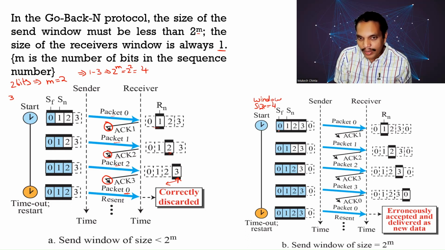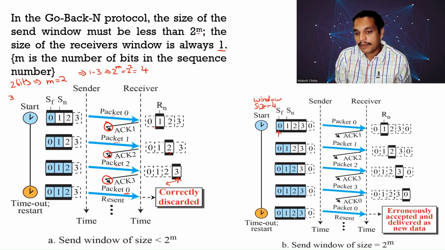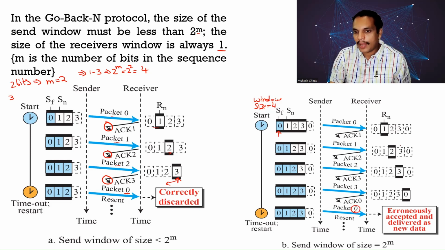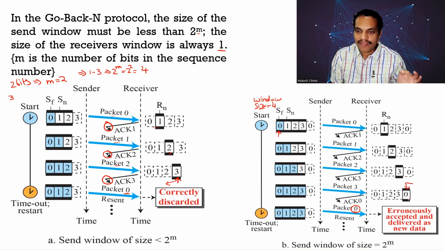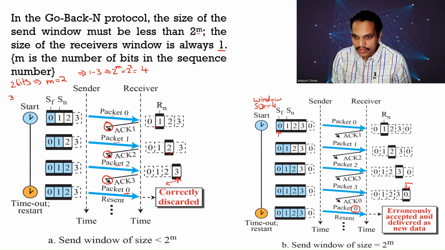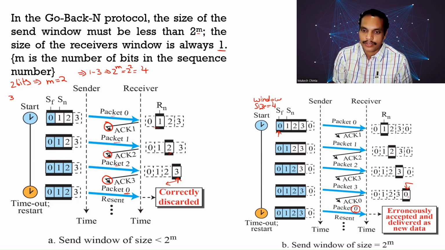What will happen? The timer for frame 0 expires and the sender will send packet 0. But unfortunately, the receiver is also expecting a frame with sequence number 0. There is no way for the receiver to distinguish the received packet as a duplicate rather than a new one, because it is expecting a frame with sequence number 0 and it has received something with sequence number 0.